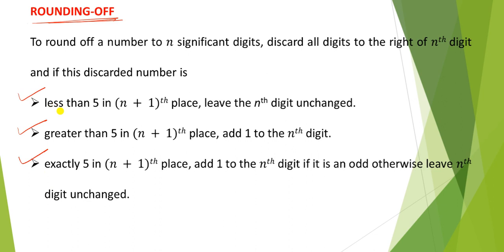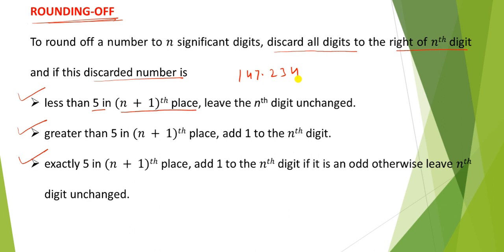The first rule is: discard all the digits to the right of the nth digit, and if the discarded part is less than 5 in the n plus 1th place, leave the nth digit unchanged. For example, take the number 147.23234 and round it off correct to 2 decimal places, or correct to 5 significant digits.